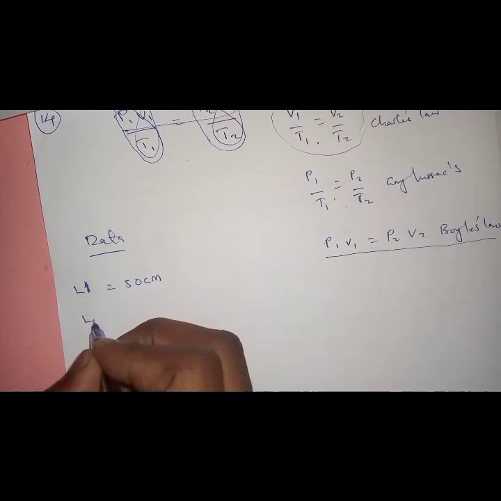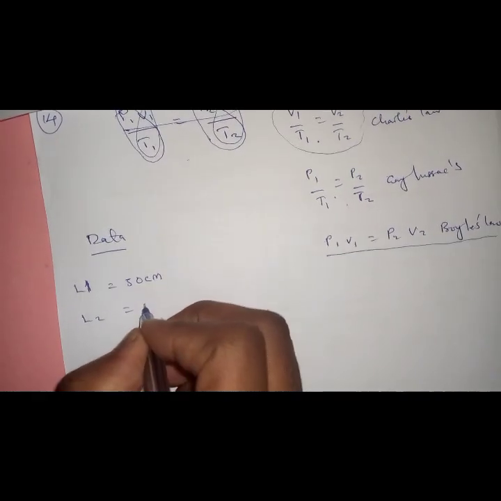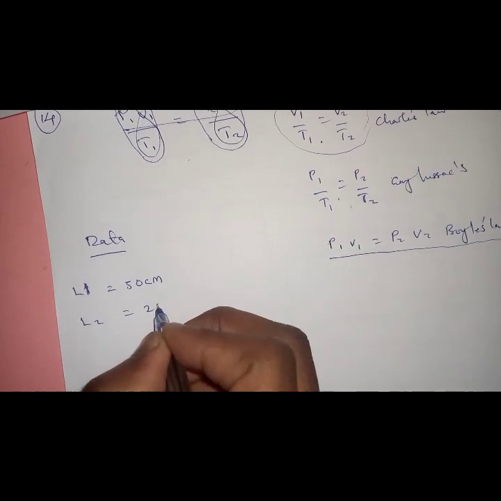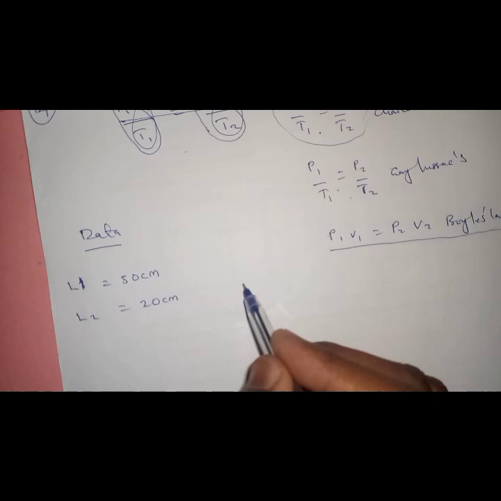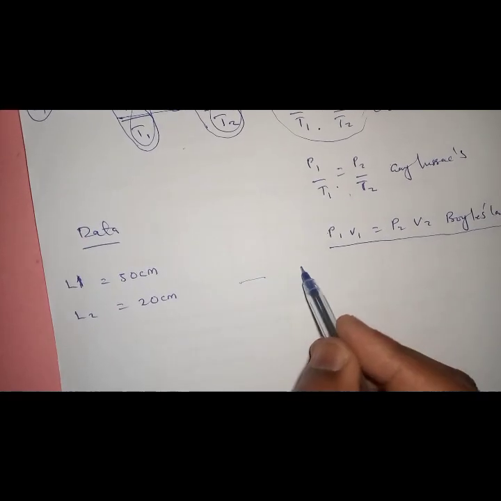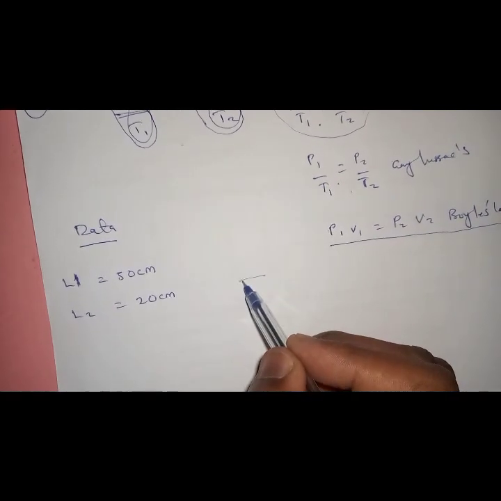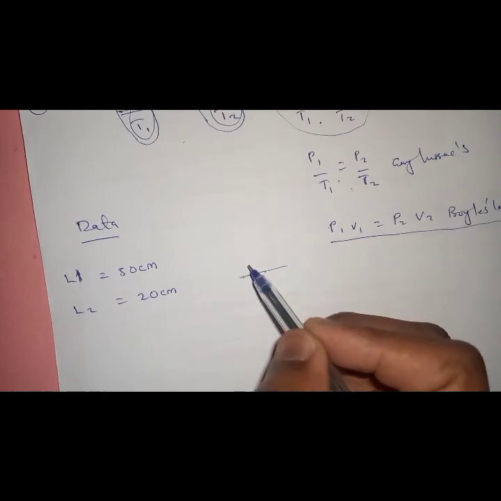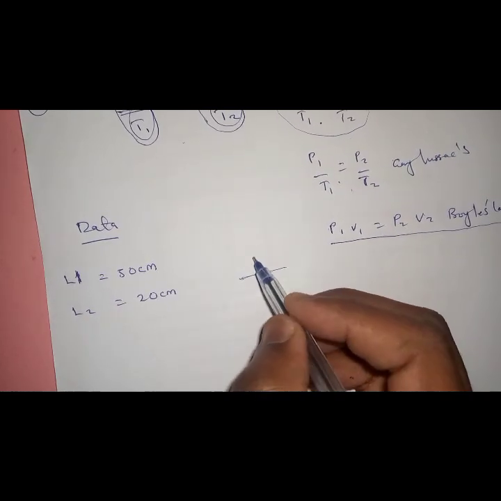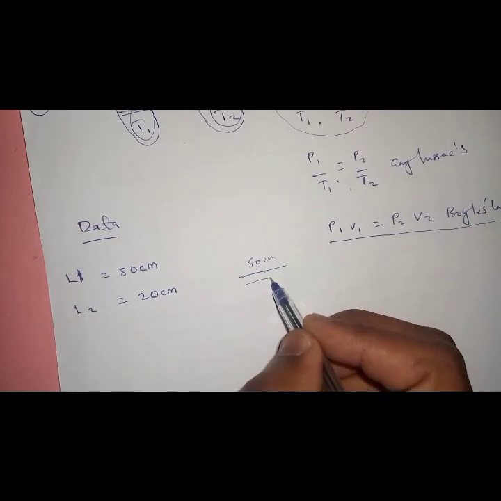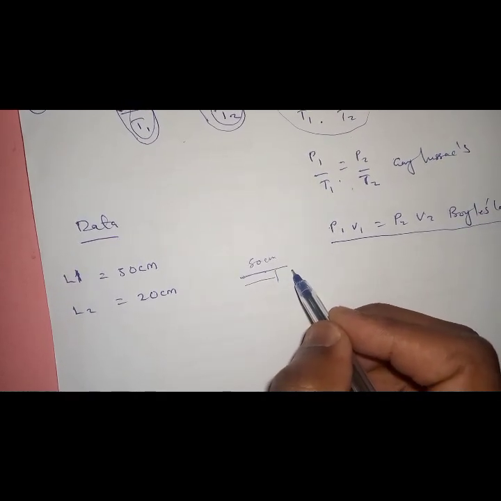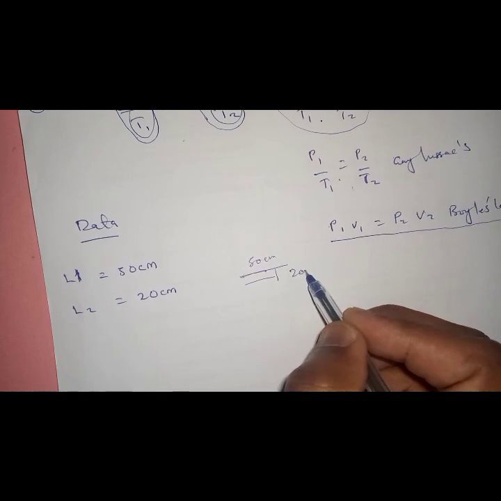Then we have L2 equal to 20 centimeters. Remember that to push it to 30 so that the new will now be 20. Initially it was, as you can see, refer to the question there, 50 centimeters. Then it was pushed to 30, which means the difference happens to be 20 centimeters.